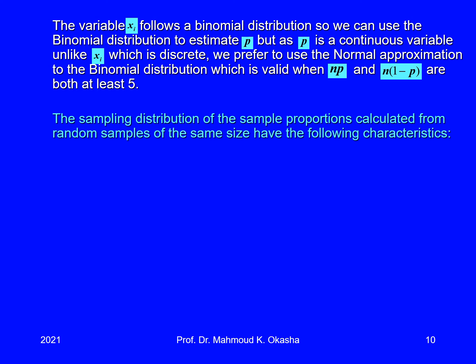So the variable x, which has two values only, follows a binomial distribution. So we can use the binomial distribution to estimate the population proportion P. But P is a continuous variable, so we prefer to use a continuous distribution, not a binomial distribution. So we will use an approximation of the binomial distribution to the normal distribution.